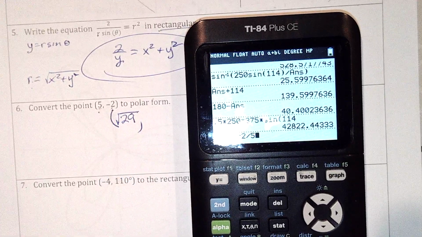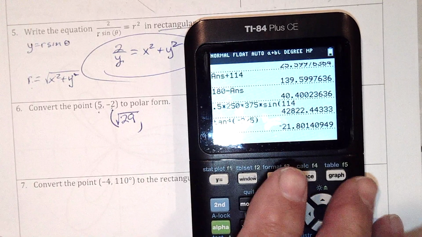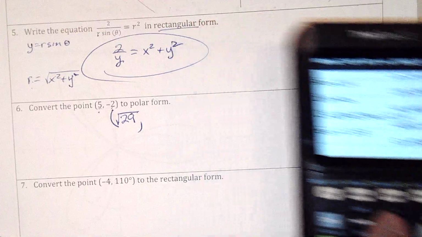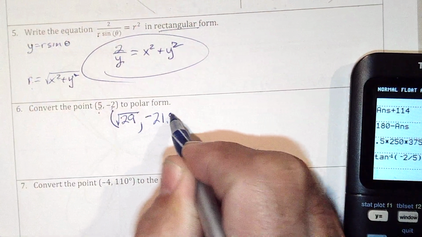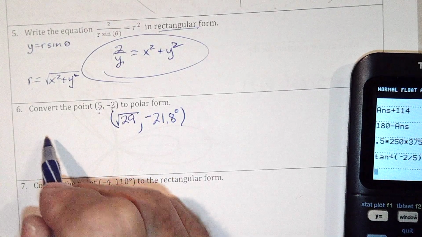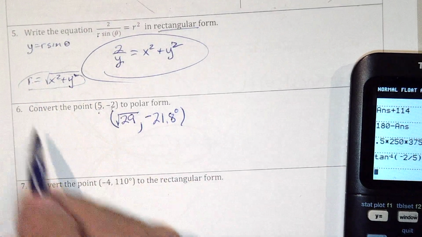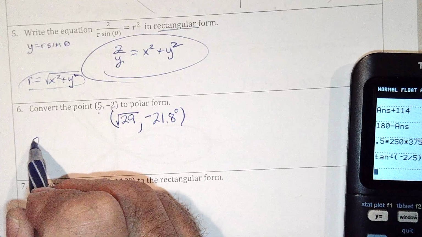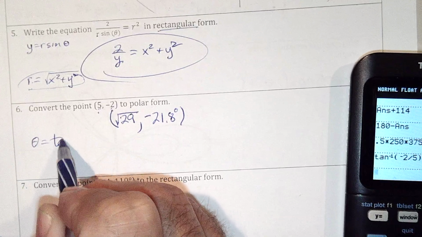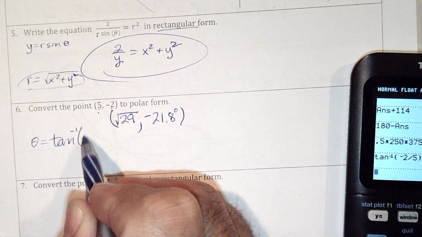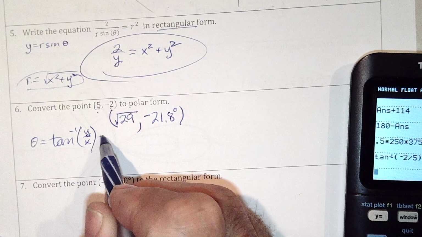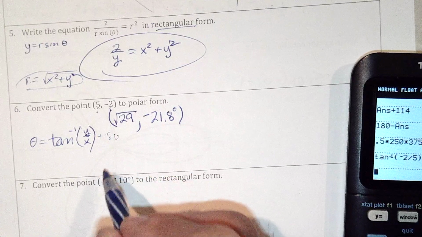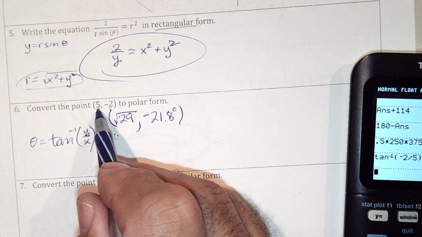And since x is positive, we don't have to add or subtract anything. And we get negative 21.8 degrees. Again, that's using this for r, and the theta is the tangent inverse of y divided by x. And you add 180 if x was negative, but it wasn't.